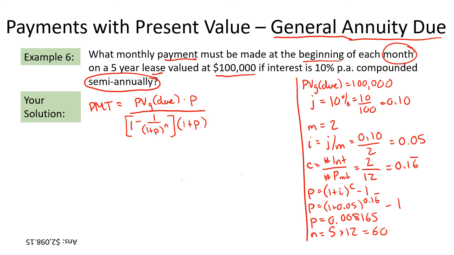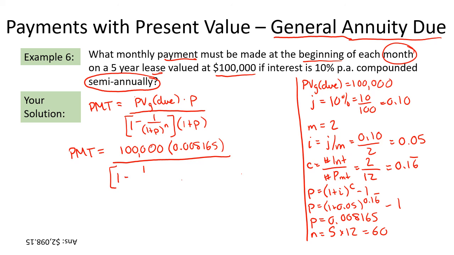So substituting all these values in, your payment is equal to your present value, 100,000, multiplied by the equivalent rate of interest, P, 0.008165, divided by 1 minus 1 divided by 1 plus your equivalent rate of interest, 0.008165, to the exponent 60, multiplied by 1 plus the equivalent rate of interest, 0.008165.